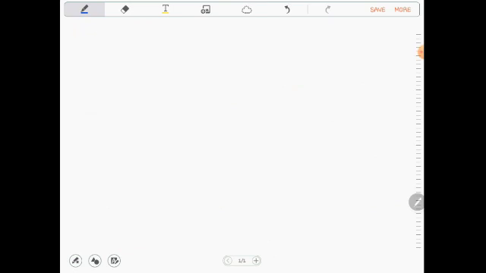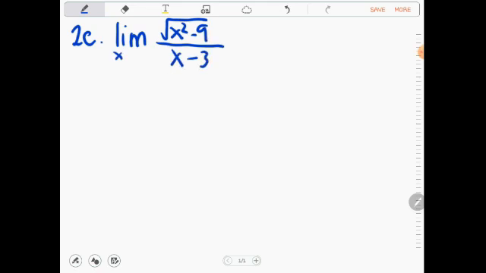For the last number, 2e, or last problem, we have the limit of, ito radical, sorry, may bar. Yung ating numerator ay square root of x squared minus 9 all over x minus 3 as x approaches to 3. So ito, meron akong tinuro sa ating discussion wherein you can multiply this numerator and the denominator, or whole number siya kapag may radical, imumultiply mo siya to itself.